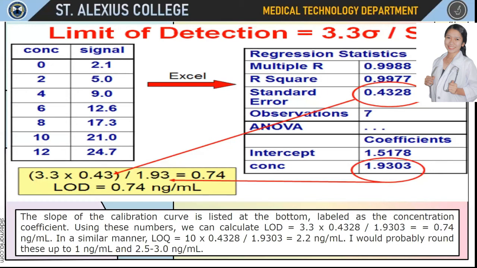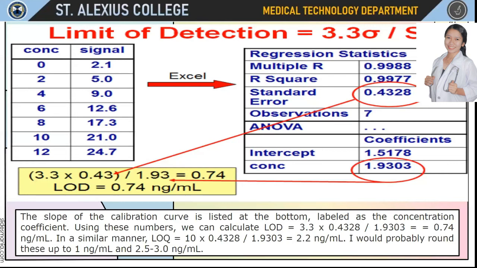In a similar manner, LOQ equals 10 times 0.4328 divided by 1.9303, which equals 2.2 nanograms per milliliter. I would probably round this up to 1 nanogram per milliliter, and 2.5 to 3.0 nanograms per milliliter.